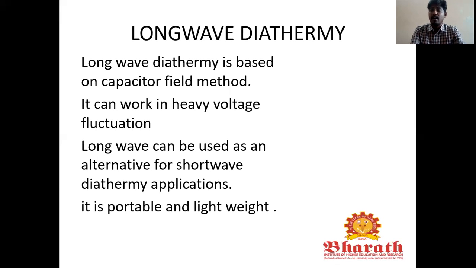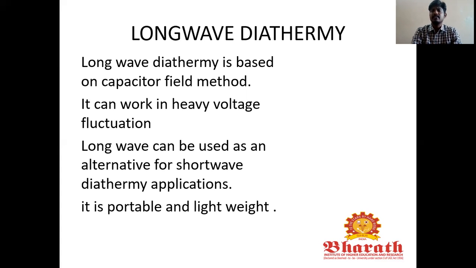Next, long wave diathermy. What is the meaning of long wave diathermy? It is based on the capacitor field method. It can work with heavy voltage fluctuation. Long wave can be used as an alternative for short wave diathermy application.